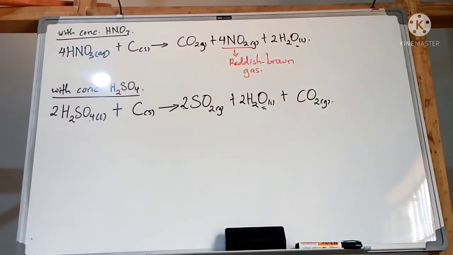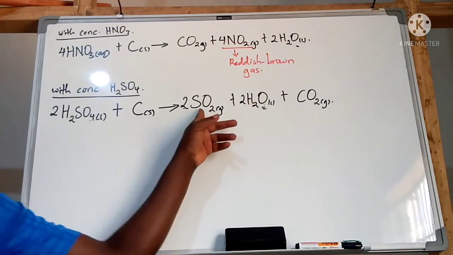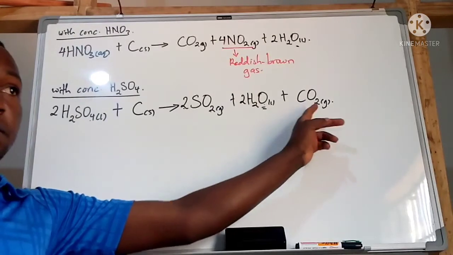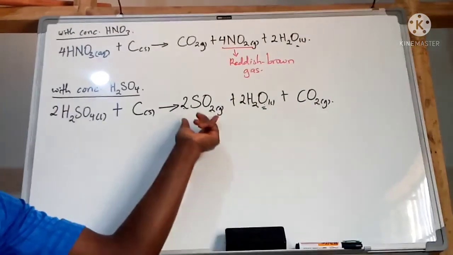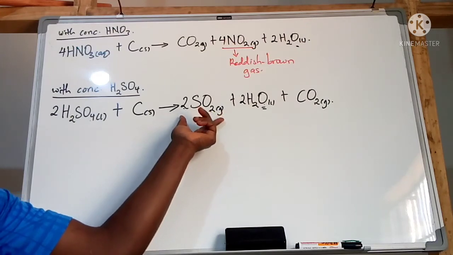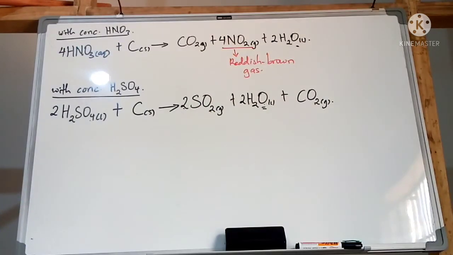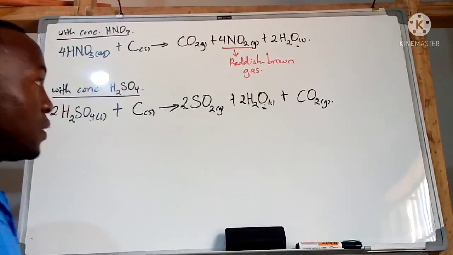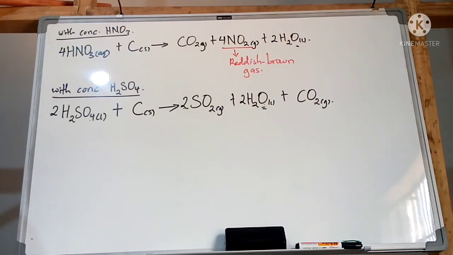My equation will finally balance. Both gases have no color. So we are going to see a colorless gas that turns acidified potassium permanganate from purple to colorless. So those are the chemical reactions of carbon, and that is how we can describe the chemical reactions.